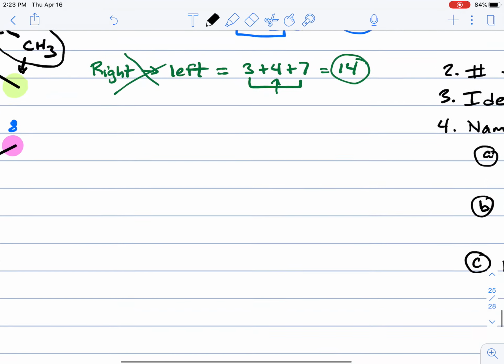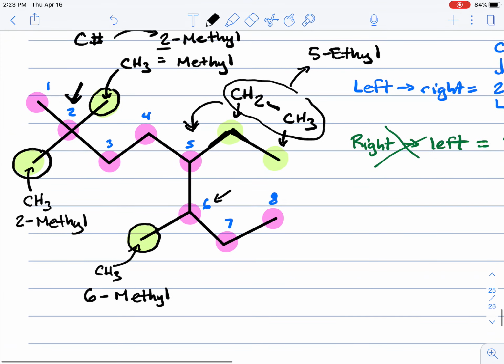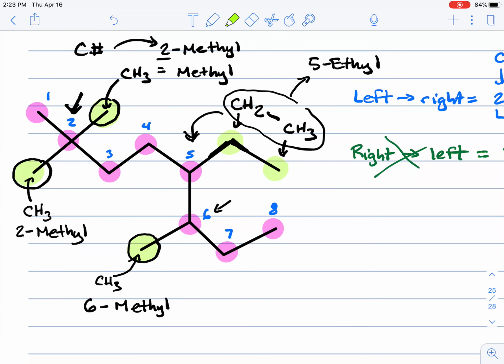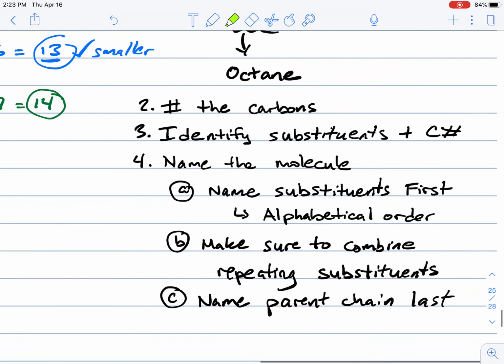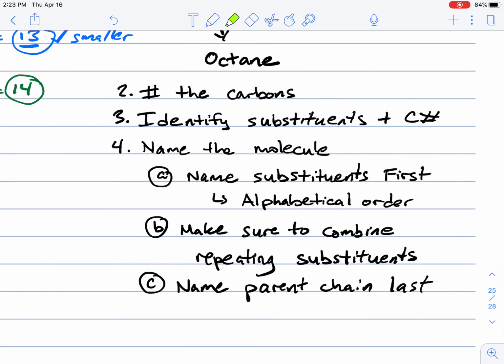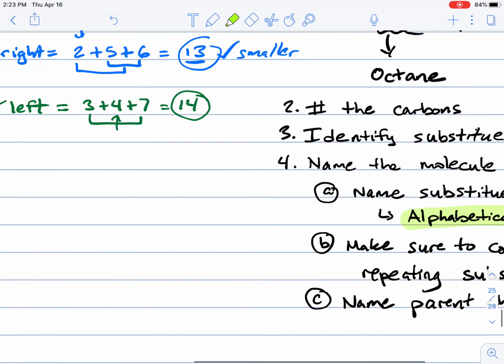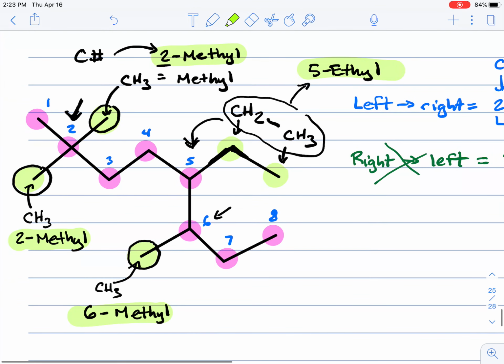All right. So let's go ahead and combine all of these names. So I have a 2-methyl, and I have another 2-methyl, and I have a 6-methyl, and I have a 5-ethyl. So we're going to name the substituents first, and we need to do it by alphabetical order. So which substituent do you think we're going to name first? The methyl or the ethyl?